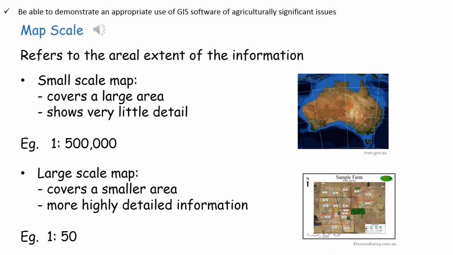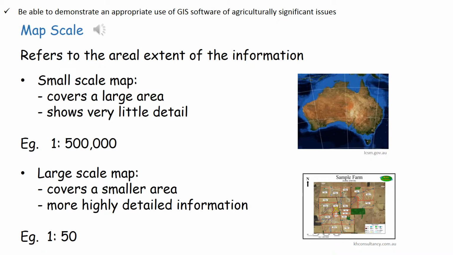A large scale map, in contrast, covers a much smaller geographical area, and this enables it to portray more highly detailed information. So we would be able to see boundaries or infrastructure or road networks much more clearly.